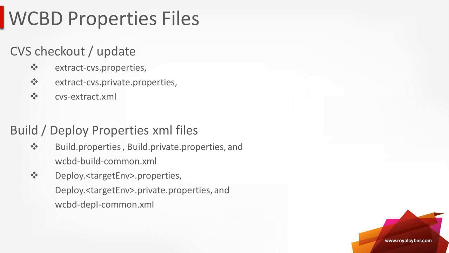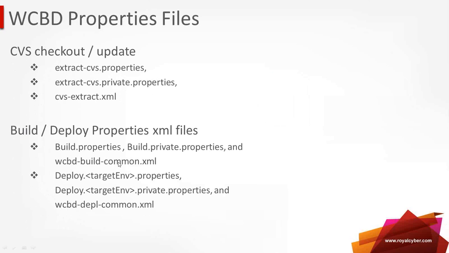So that's the first part, and the second part is the deploy process. The deploy process performs deployment of the various assets into the target environment. The files used for the build process are the build properties, build private properties, and the WCBD build common.xml.